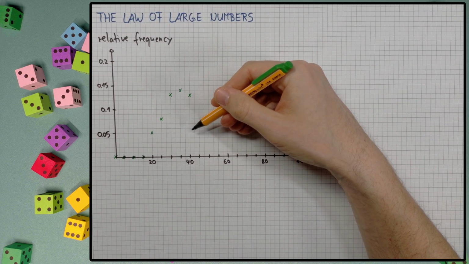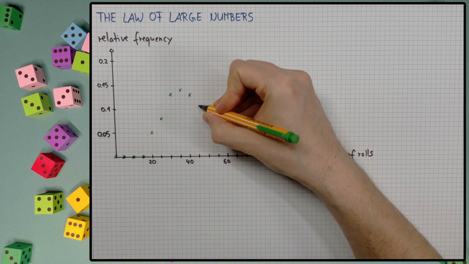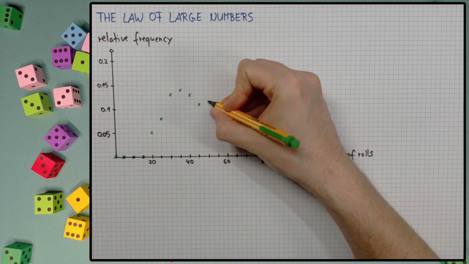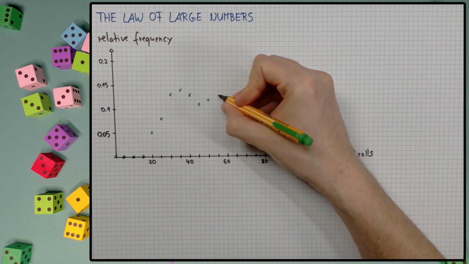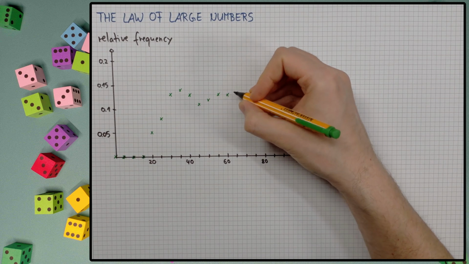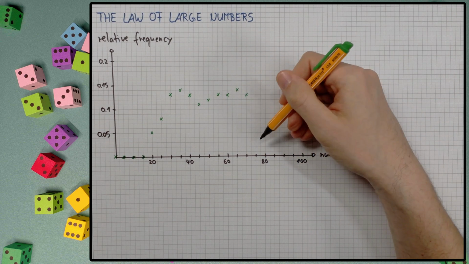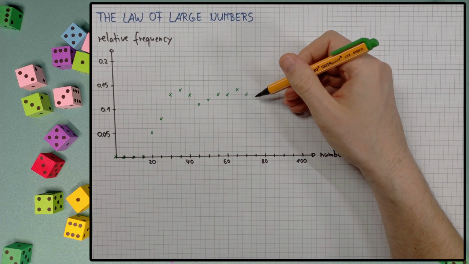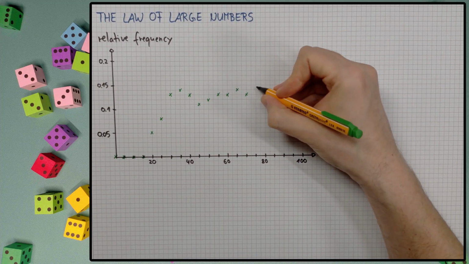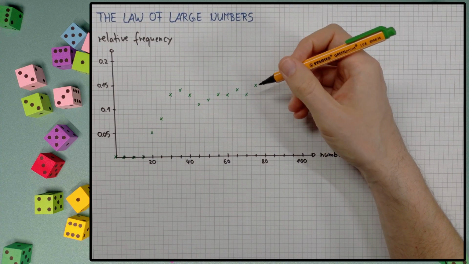So at 40 rolls we were at 0.13. We then went down a bit, up again, there. Up once more, down once more. We are now at 75 rolls. We went up again to 0.15.